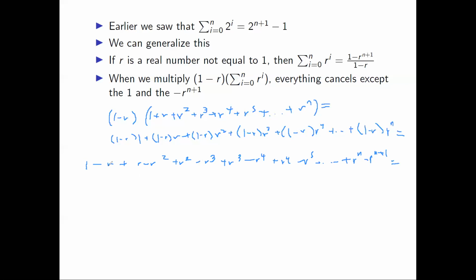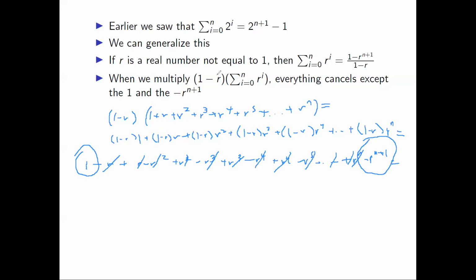We can see that everything cancels except for the first term and the last term. So we're left with only this 1 here and this minus r to the n plus 1 over here.